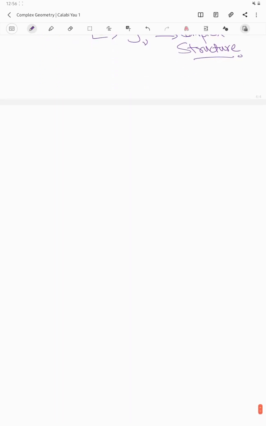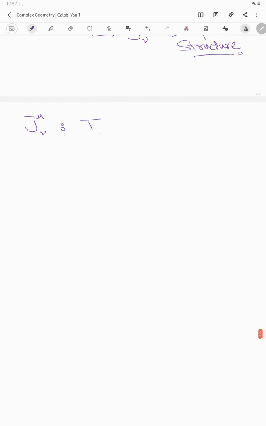And so we have just seen that J mu nu, we can think of it as a map from T_P M to T_P M. I'll tell you what I mean by this. What this thing is, it is just the tangent space to M at some point P, right?